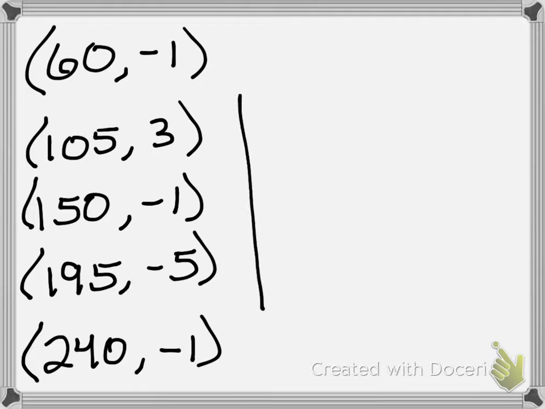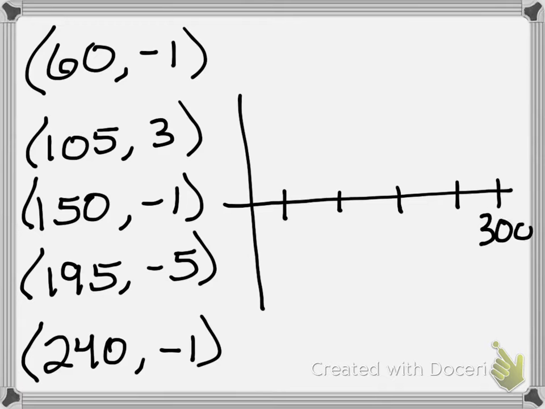On your assignment, you'll see graphs that look like this, and there are actually no numbers on the x-axis. What you need to do is decide, well, how far do we need to go? Maybe this last one is 300, and the one in the middle will be 150. You need to make sure everything is spread out evenly.